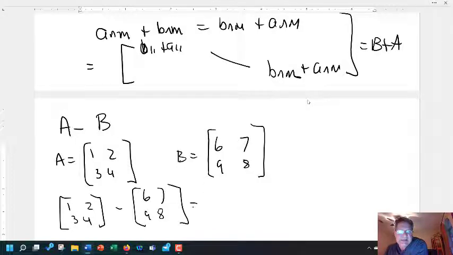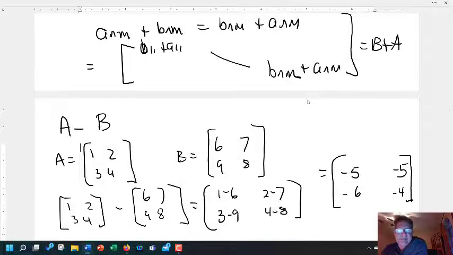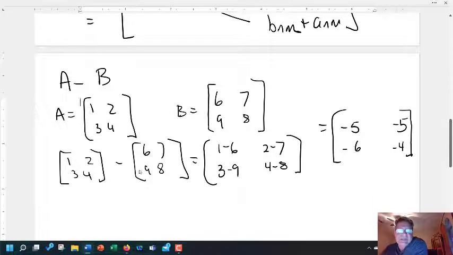And now I subtract the corresponding entries. So 1 minus 6, 2 minus 7, 3 minus 9, and then 4 minus 8. And that will give me the matrix -5, -5, -6, and then -4. So this one just happens to be negative. It doesn't always happen that way. So A minus B works the same way as long as it's the same size.